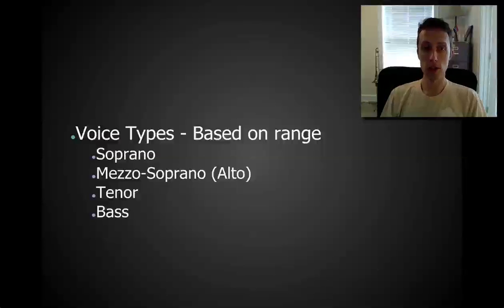So again, from highest to lowest, it's soprano being highest, mezzo-soprano, which is also known as alto, and then tenor, which is lower than that, and then bass, which is the lowest of all. So again, those are based on range, and no matter what style of music you sing, everyone has one of these four voice types. Okay?